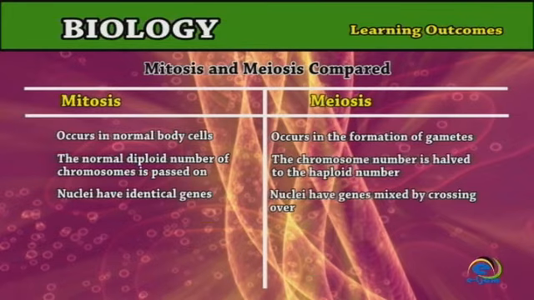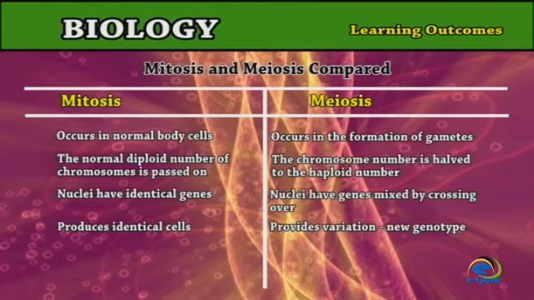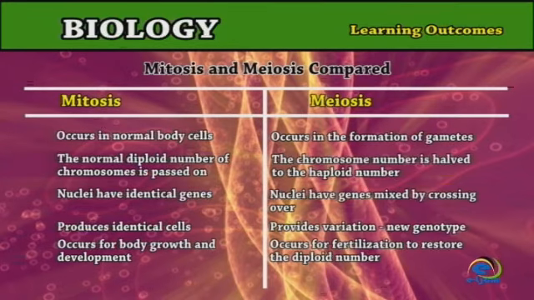However, in meiosis, nuclei have genes mixed by crossing over. Mitosis produces identical cells, but meiosis provides variation, new genotype. Mitosis occurs for body growth and development, while meiosis occurs for fertilization to restore the diploid number. Mitosis ensures genetic continuity, but meiosis ensures variation.